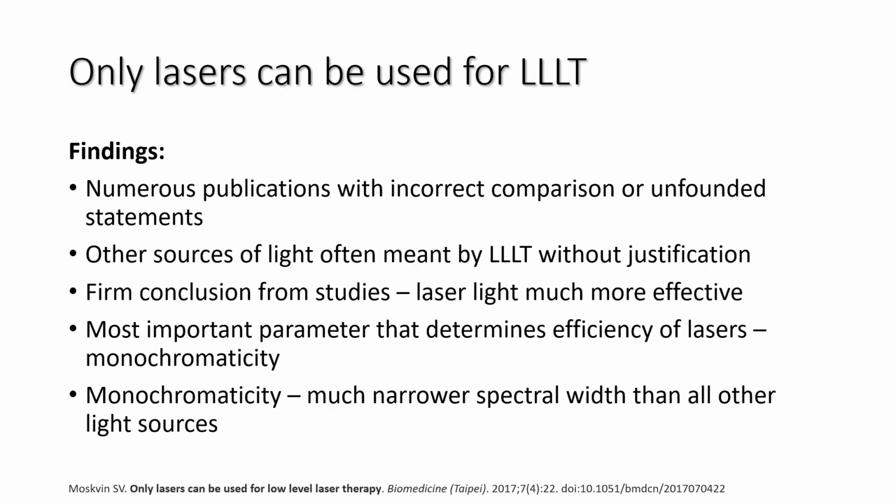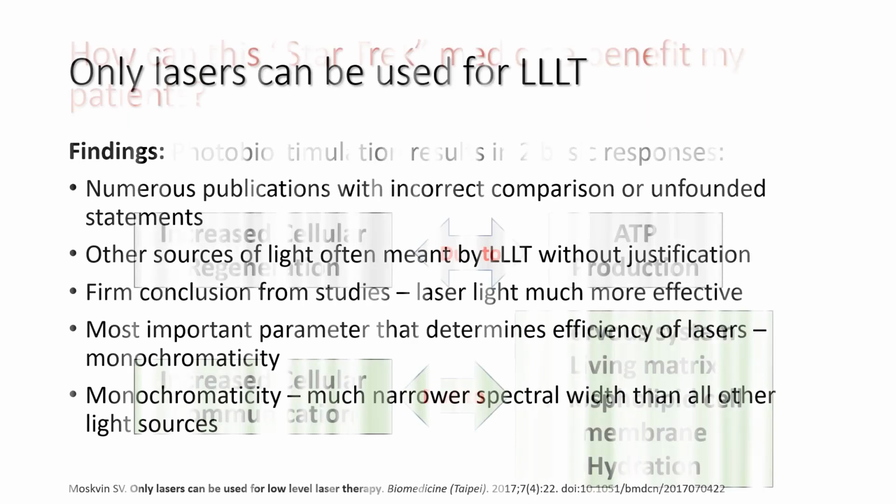So lasers can only be used for low-level laser therapy. There is a firm conclusion from the studies: laser light is much more effective. Other sorts of light are often called low-level laser without justification. Companies speak inappropriately. And lastly, laser is monochromatic, with a much narrower spectral width than other light sources.